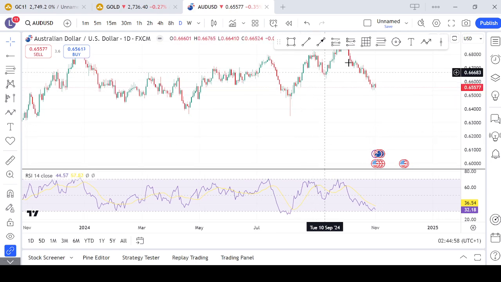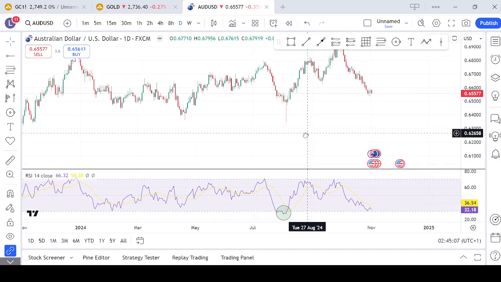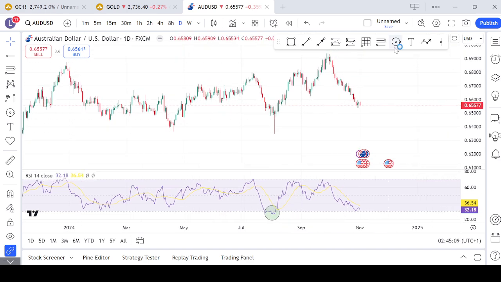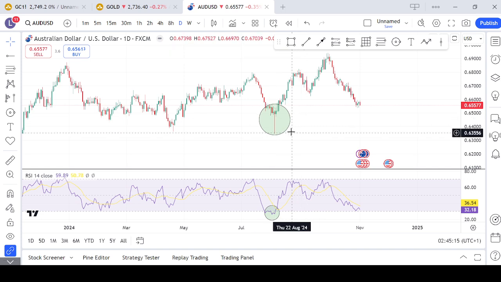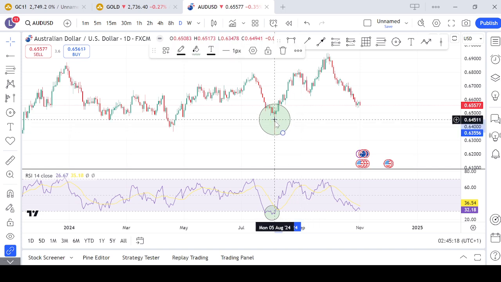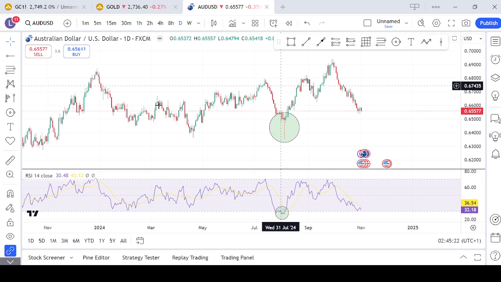As you can see on the charts, when the RSI goes below 30, it means that it is oversold. You see this, and you could be looking to enter potential buying positions. You can see this rejection candle right here, signaling that price may be looking for a reversal back to the upside, because you can see we are in a bullish trend right here.